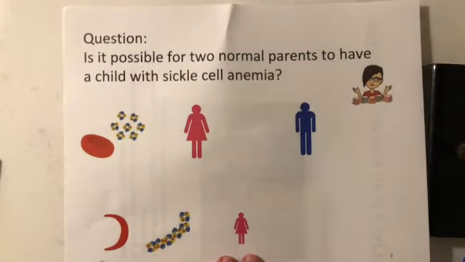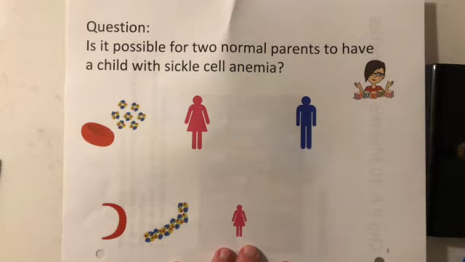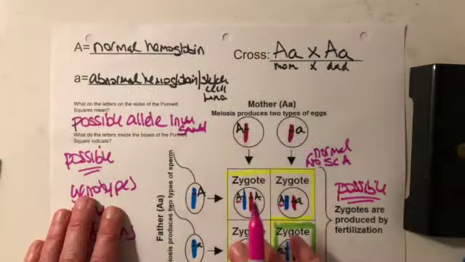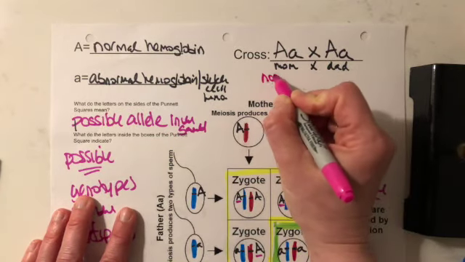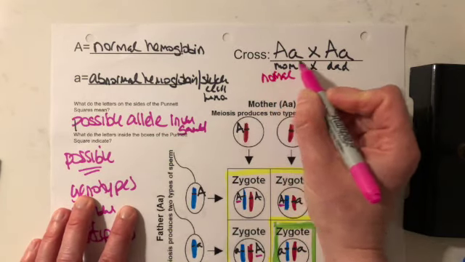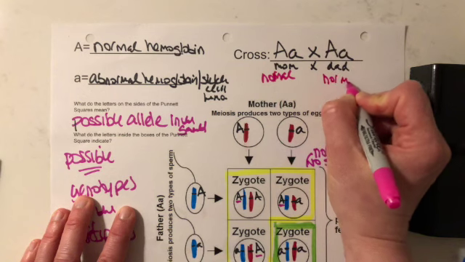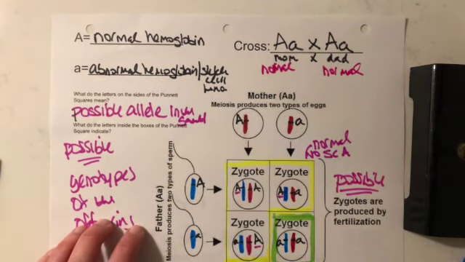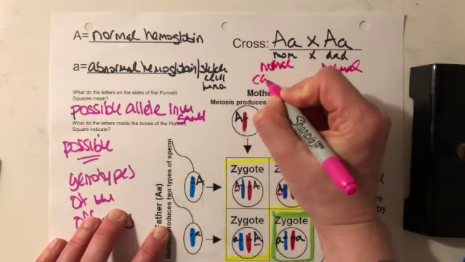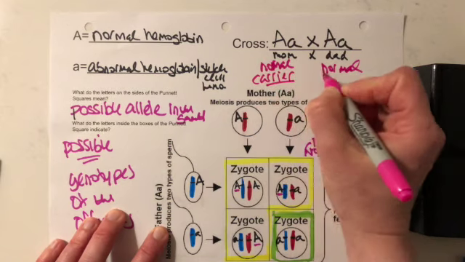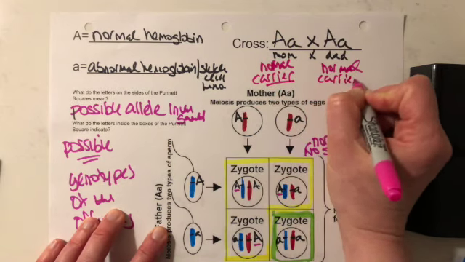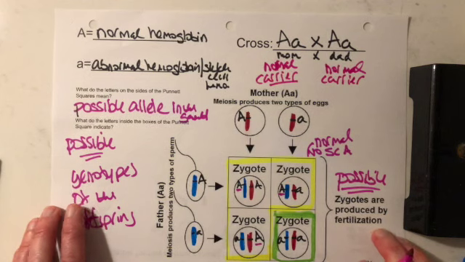Is it possible for 2 normal parents to have a child with sickle cell anemia? Well, let's check it out. Mom here is normal, right? She does not have sickle cell anemia. Dad is normal. He does not have sickle cell anemia. But both of them are what we call carriers, which means they don't have any type of sickle cell disease, but they carry the allele, so they're carriers.